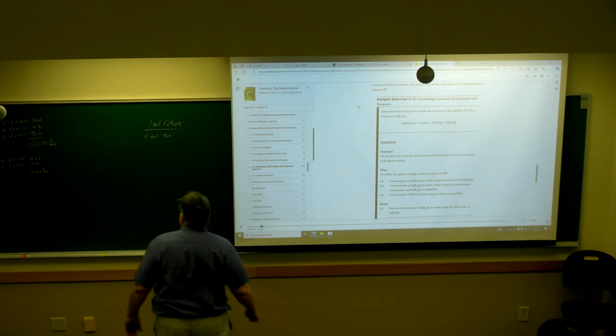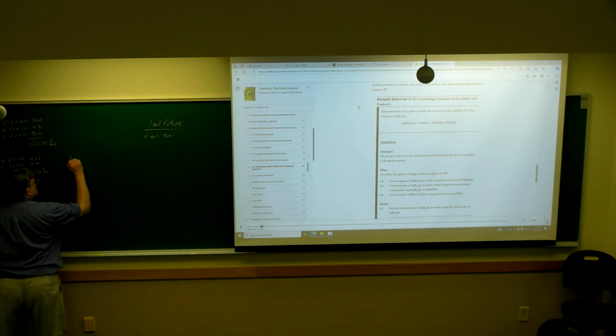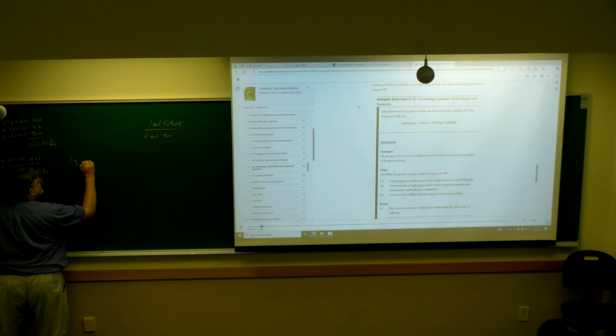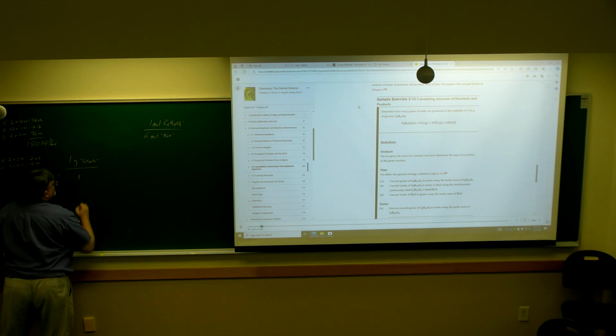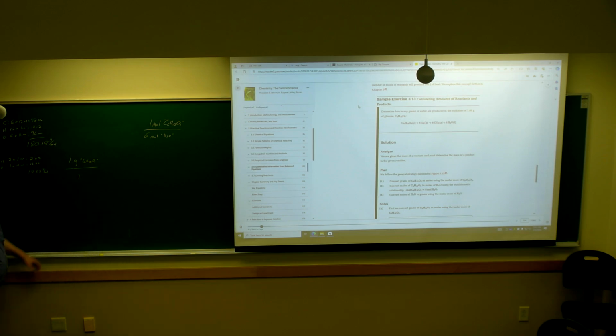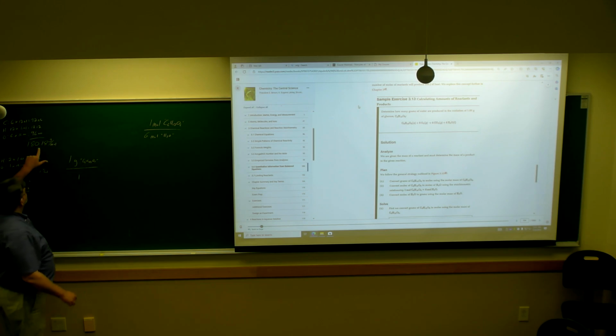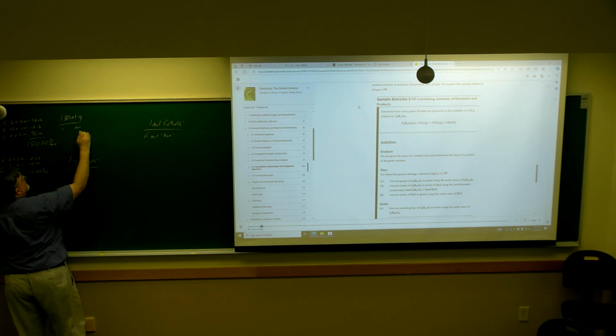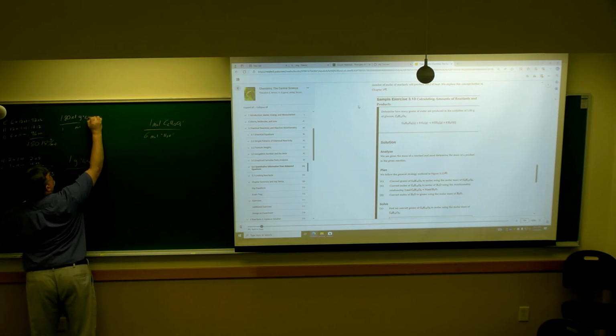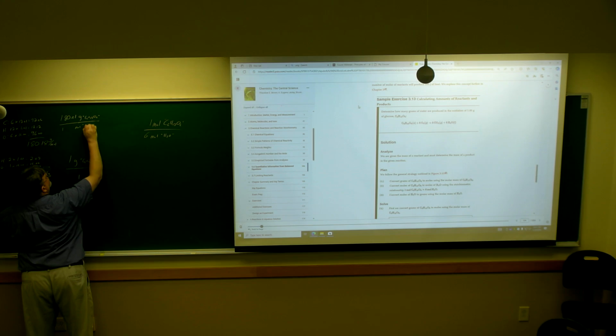We're given 1 gram for glucose, so 1 gram C6H12O6. Now, we're going to use grams per mole for glucose, which is this. So I've just rewritten this way, and I'm going to use C6H12O6 for the label on the unit.